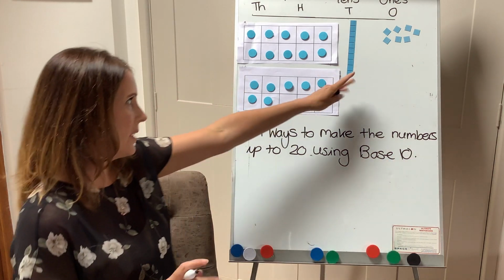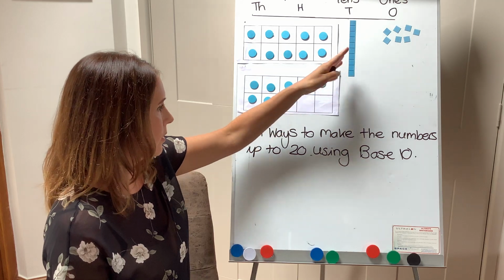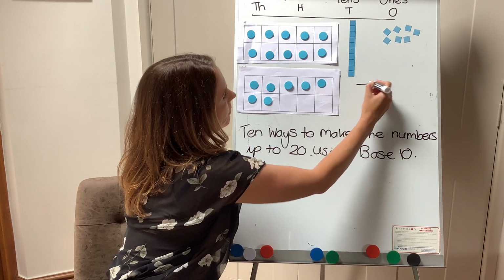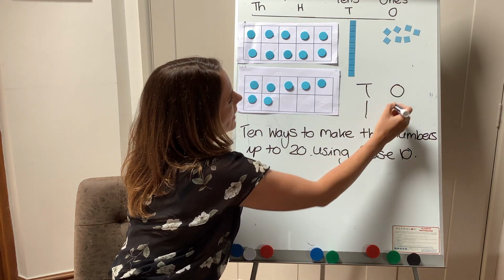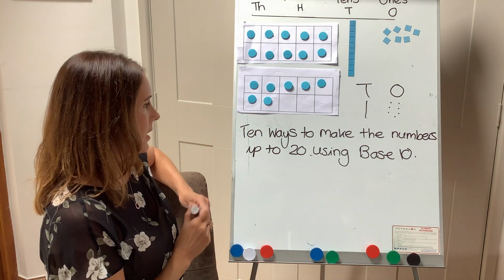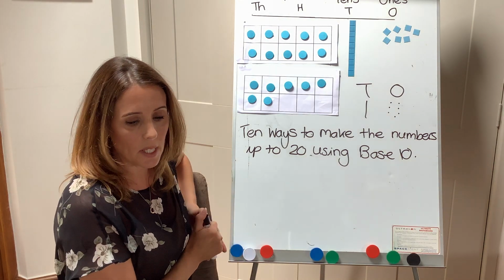This can be the physical base 10, some cubes, it could be the sticks, the cut out base 10, or it could be where you draw the stick and the cubes or dots to show the base 10. So can you think of 10 different ways to make the numbers up to 20 using base 10?